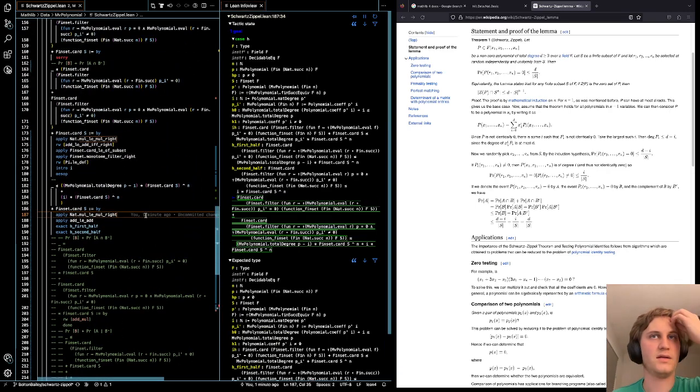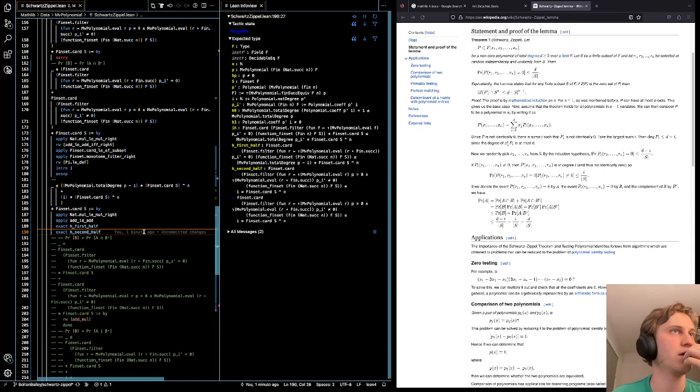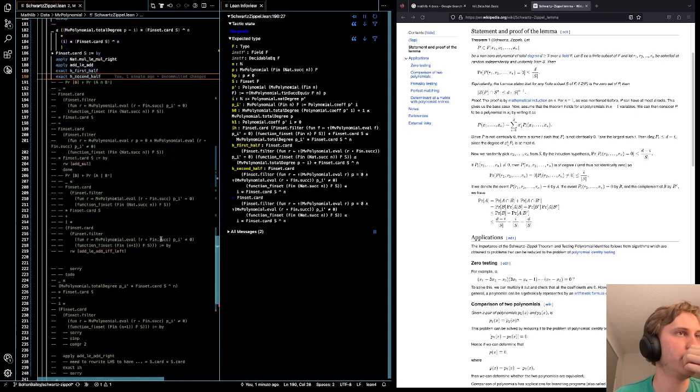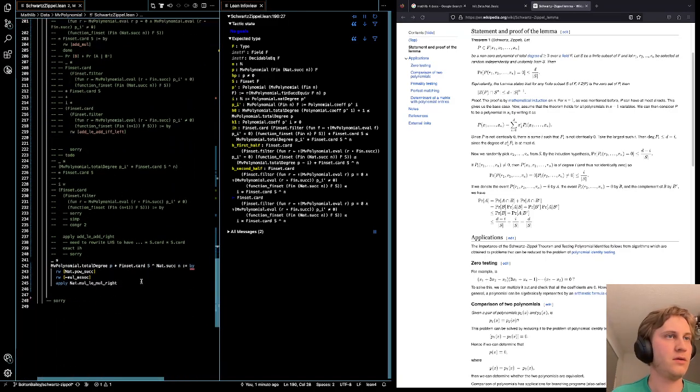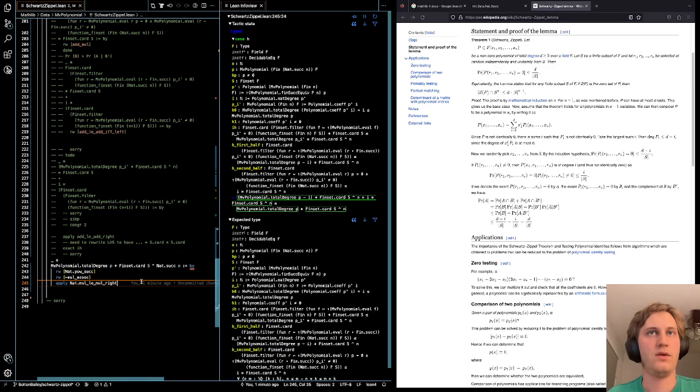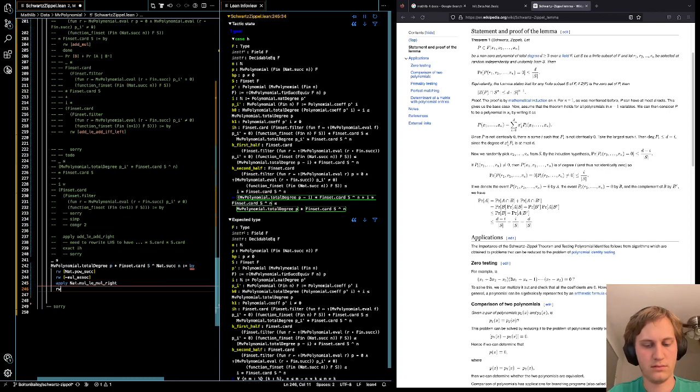It seems like I need to do the distribution thing. What was the name of that lemma? It's like add_mul, right? Rewrite add_mul. I think this is right.